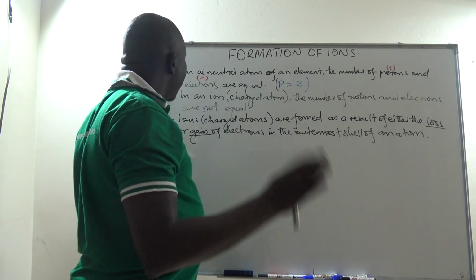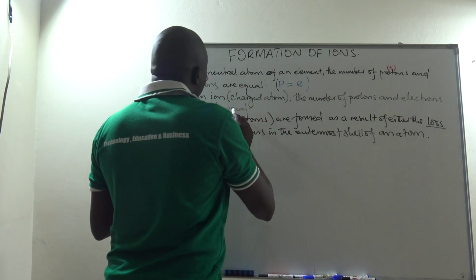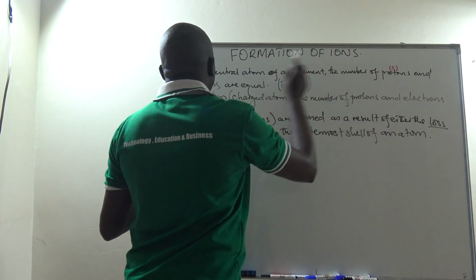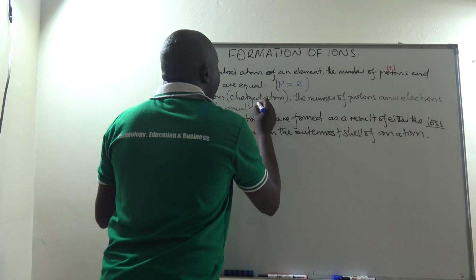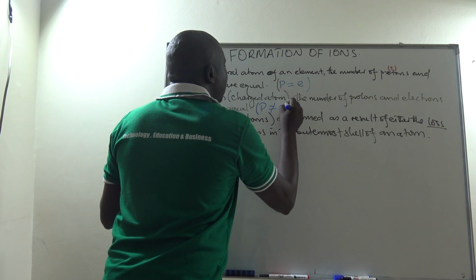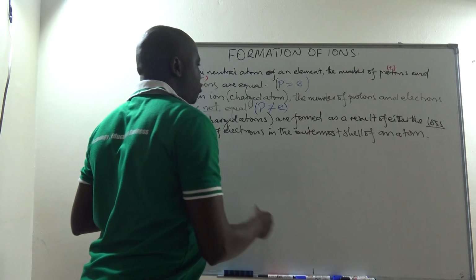But in the event that the number of protons and electrons are not equal, then that atom cannot be neutral. If protons and electrons are not equal in number, then the atom cannot be neutral.